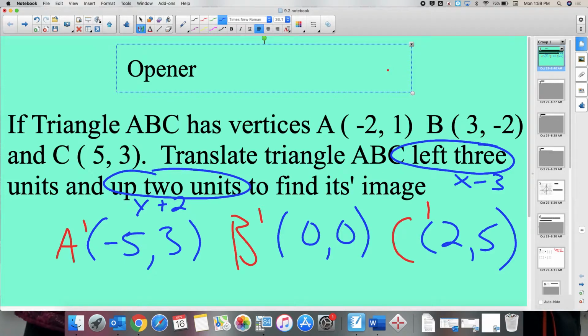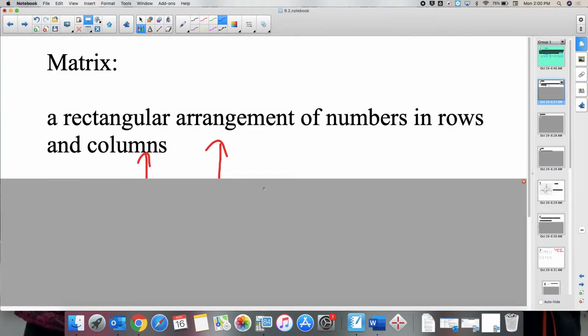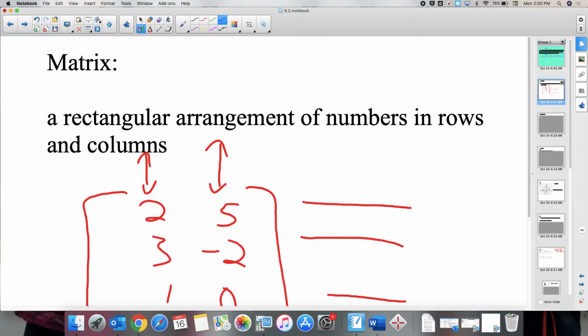Now, another way we're going to be able to do these translations and all of our different transformations is going to be in what they call a matrix. What a matrix actually is, it is a rectangular arrangement of numbers in rows and columns.